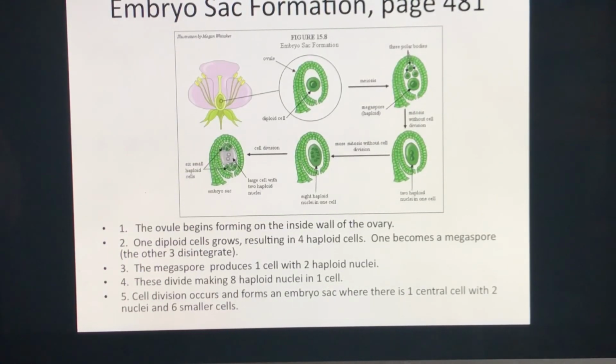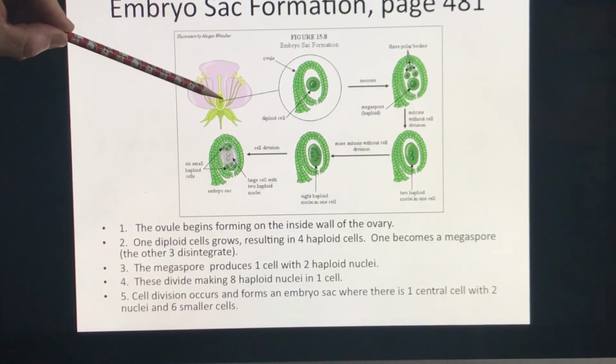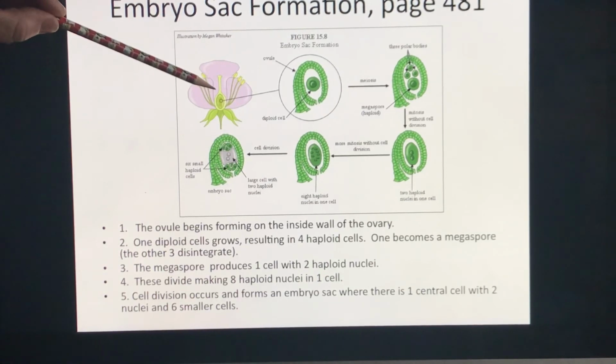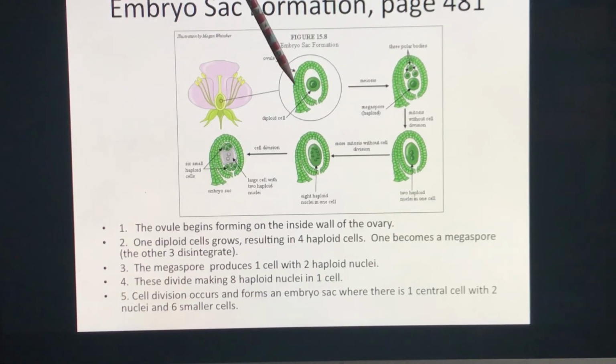All right, so this is now looking at embryo sac formation, and I'm in figure 15.8. Here, we're looking at the ovary in the flower, and you have what's called an ovule. This structure begins forming on the inside wall of the ovary. Here you have one diploid cell, right?